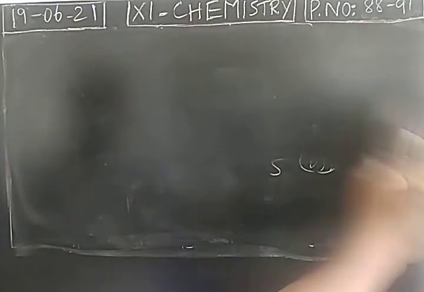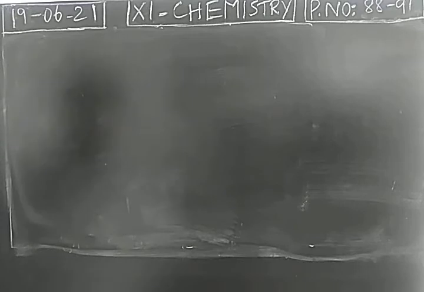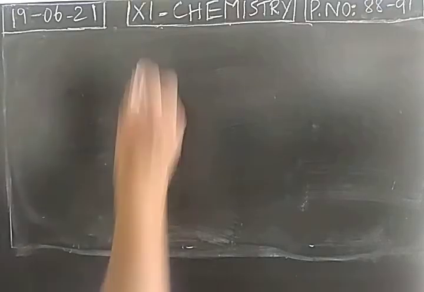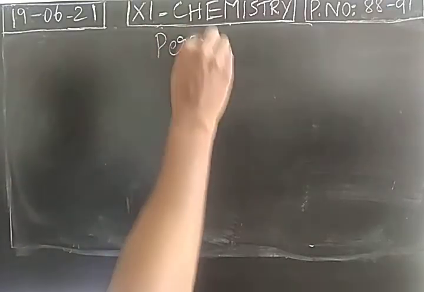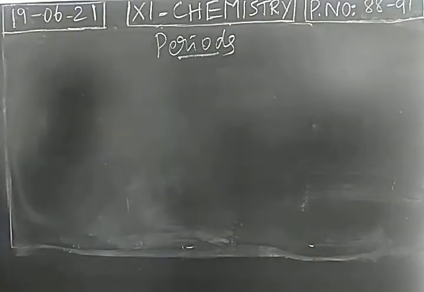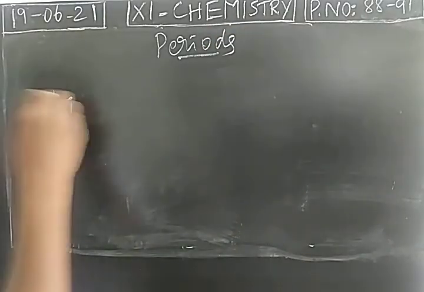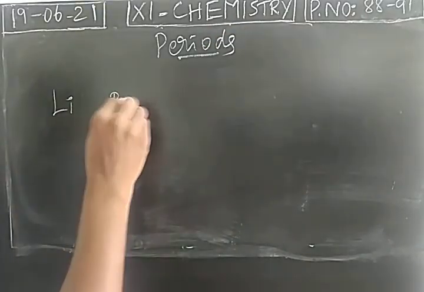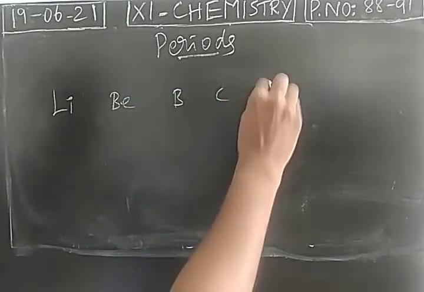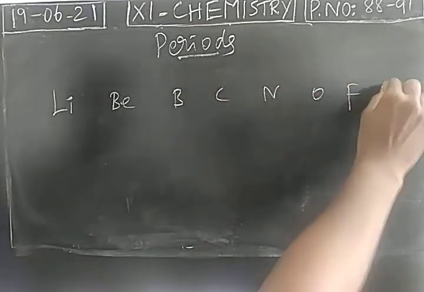Now we move on to the periods. What is the variation of valence in periods? Consider second period elements: lithium, beryllium, boron, carbon, nitrogen, oxygen, fluorine, neon.